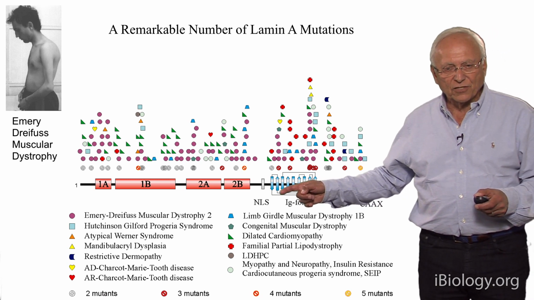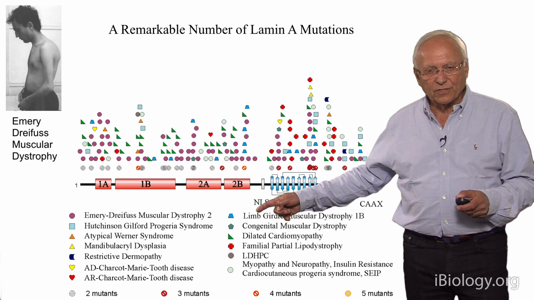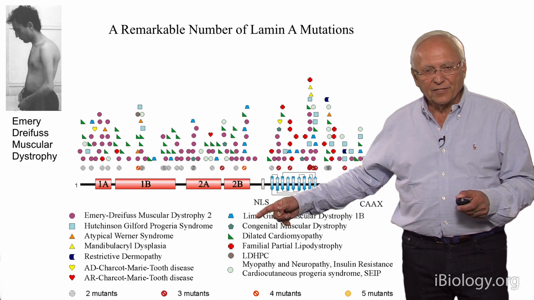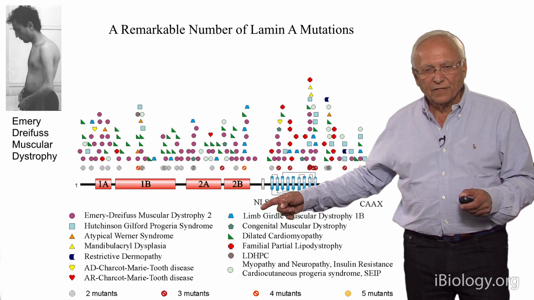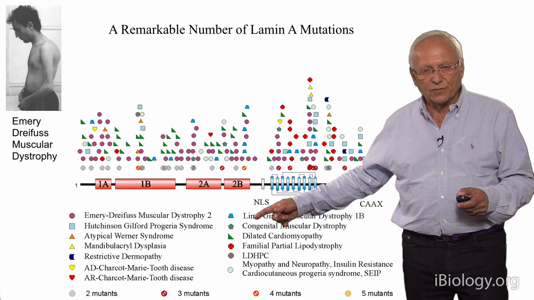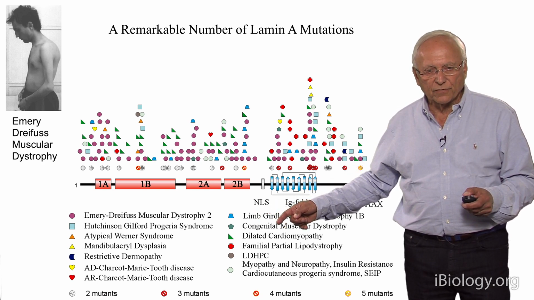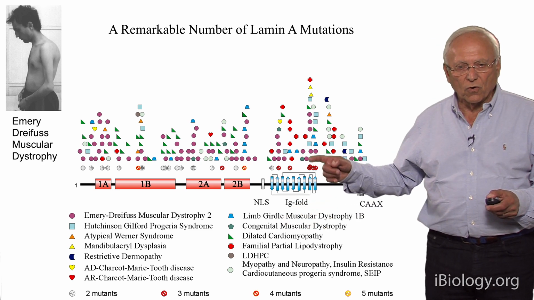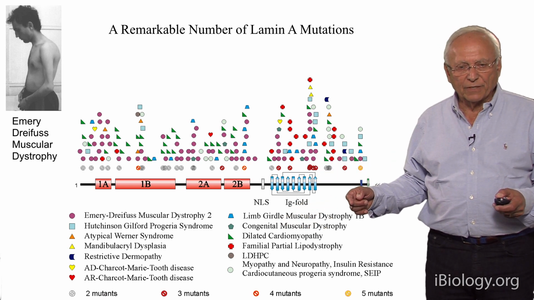But if we concentrate on one particular disease, and I want to do that today, and that is the disease Hutchinson-Gilford progeria syndrome, the premature aging disease of children. And the reason for concentrating on this is it certainly is the most extensively studied of all of the so-called nuclear laminopathies.